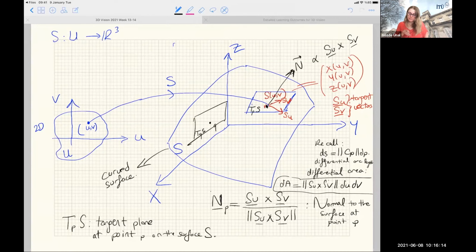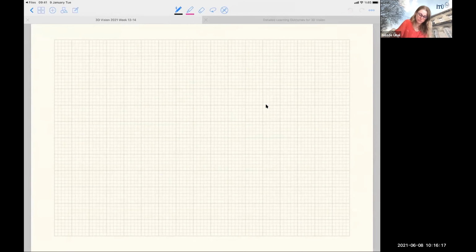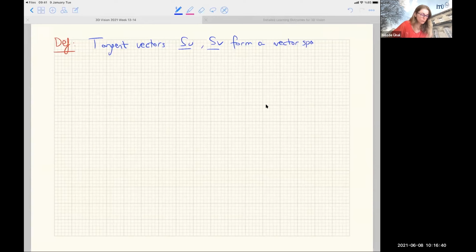Okay, I had a formal definition of the tangent plane. Let's write it just for our notes' sake. Definition: tangent vectors S_u, S_v form a vector space of dimension 2, as we expected, because this is a 2D manifold, called the tangent plane.